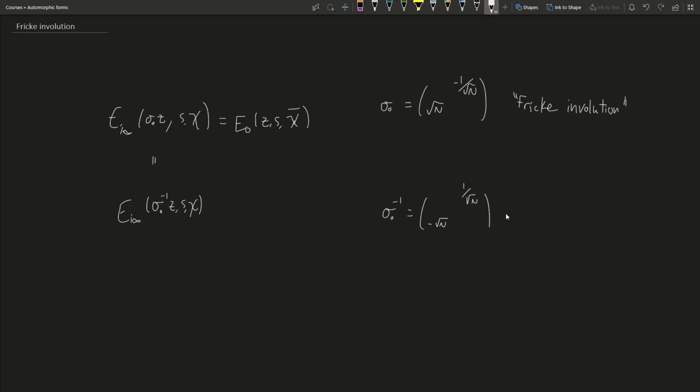And that means that it acts the same way on the upper half plane, right? That sigma naught z is equal to sigma naught inverse z. So we can make this change, and that's going to make the calculation more straightforward.